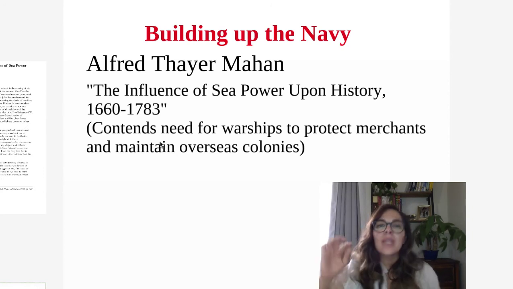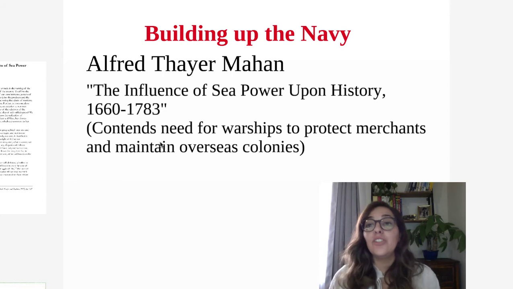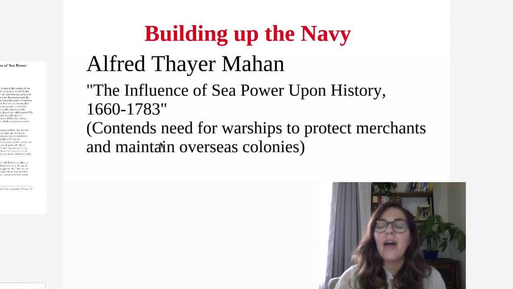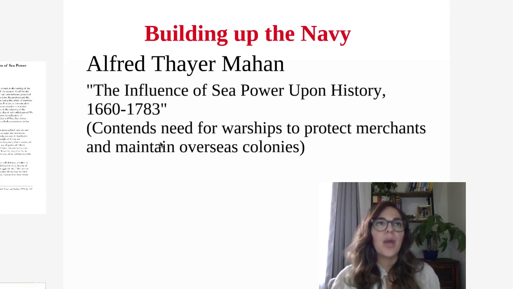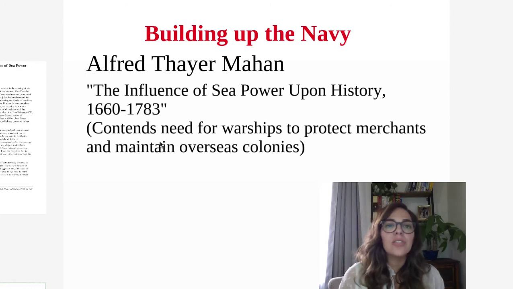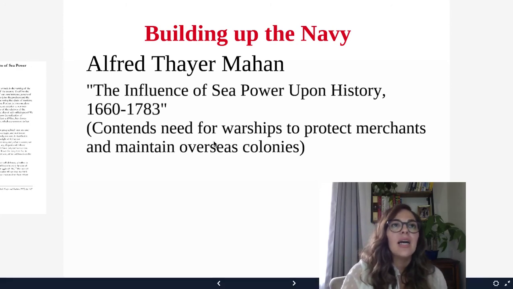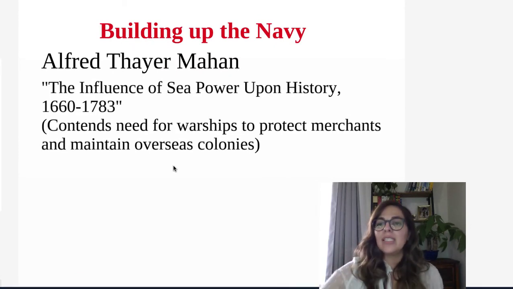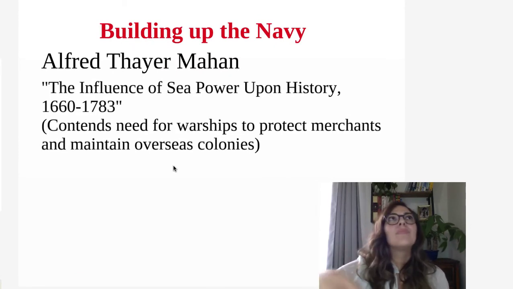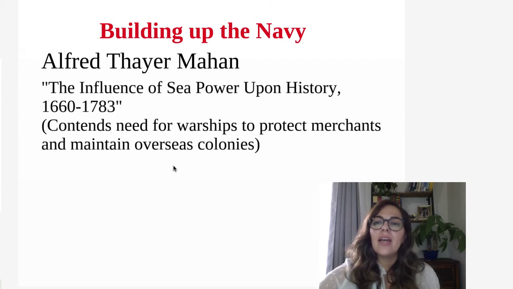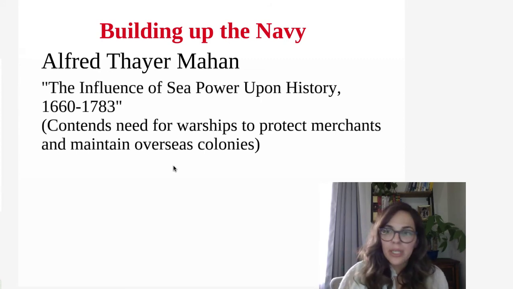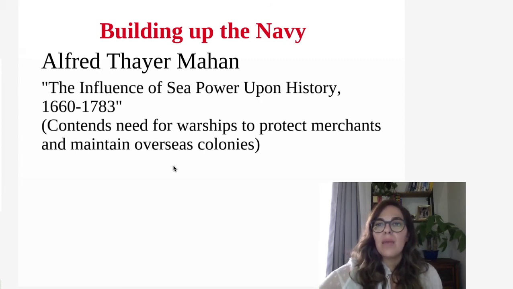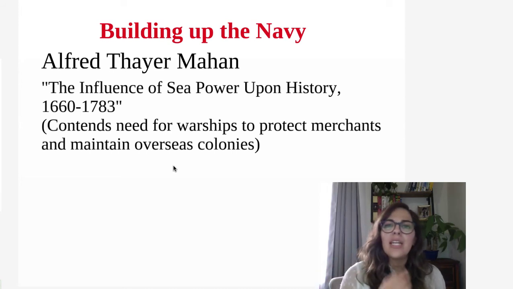Okay, now, this guy wrote a book. It's essentially a book about the history of Great Britain. It's called The Influence of Sea Power Upon History from 1660 to 1783. Now, in this book, he's essentially charting the success of Great Britain, how it became a very, very powerful nation.